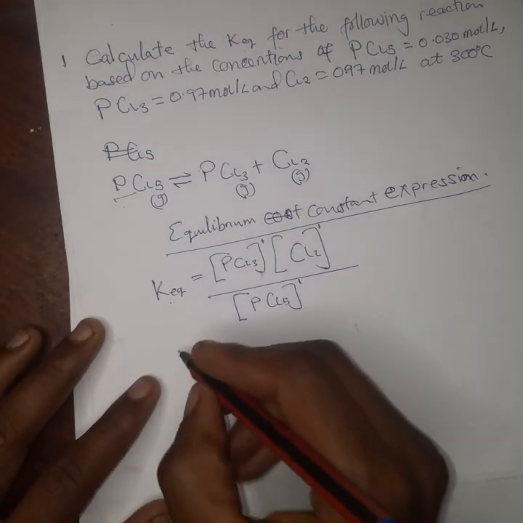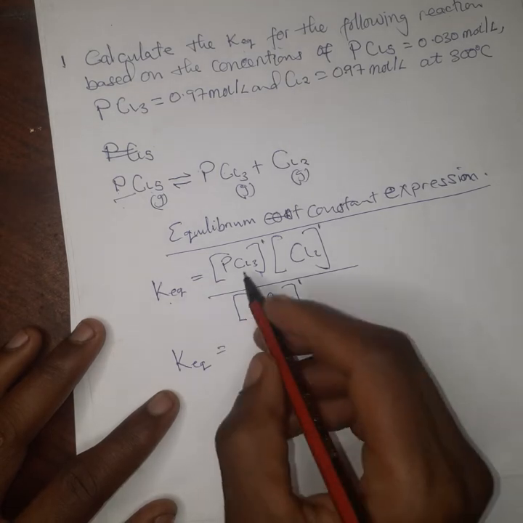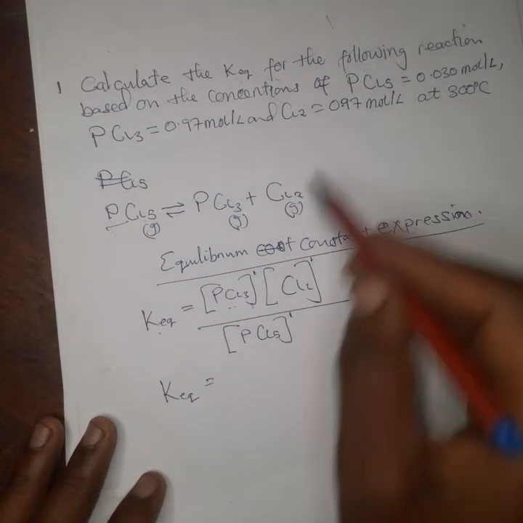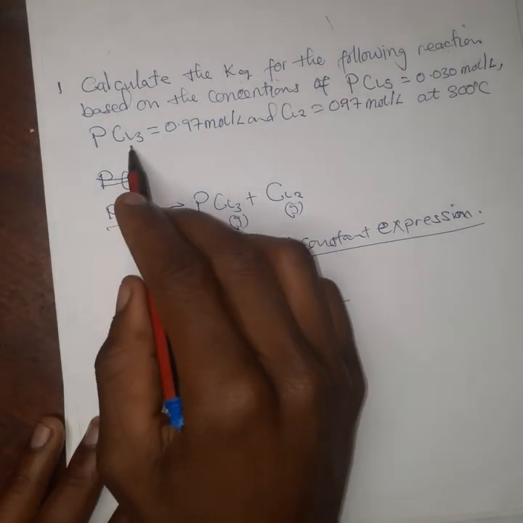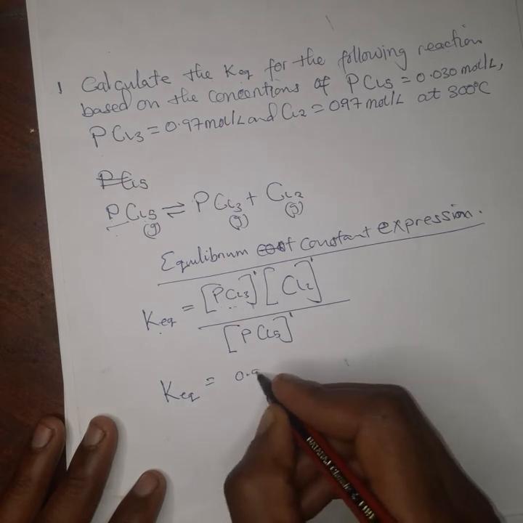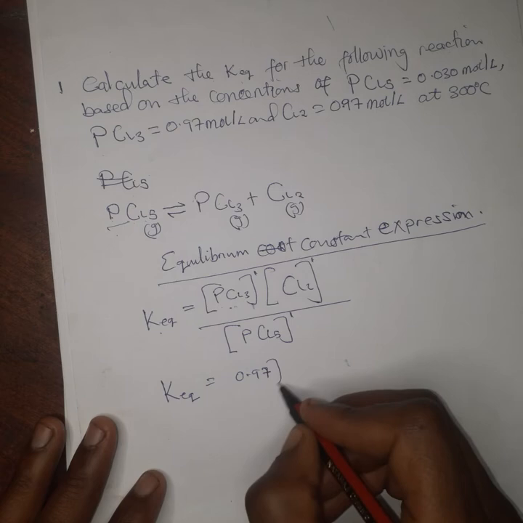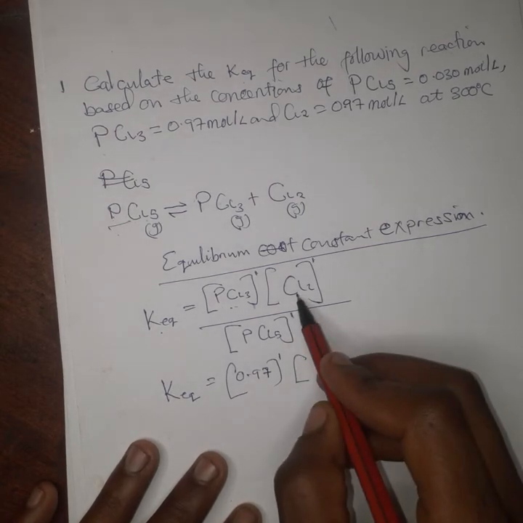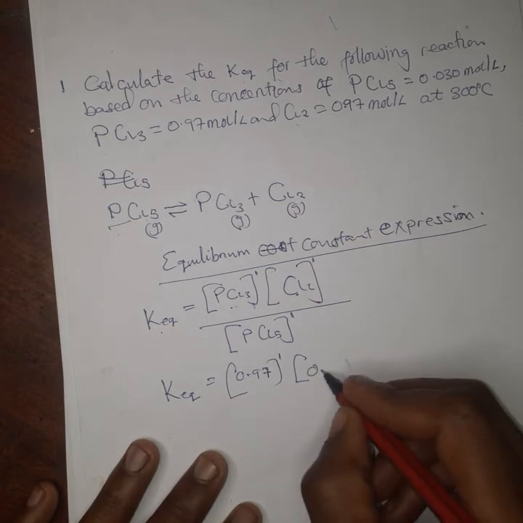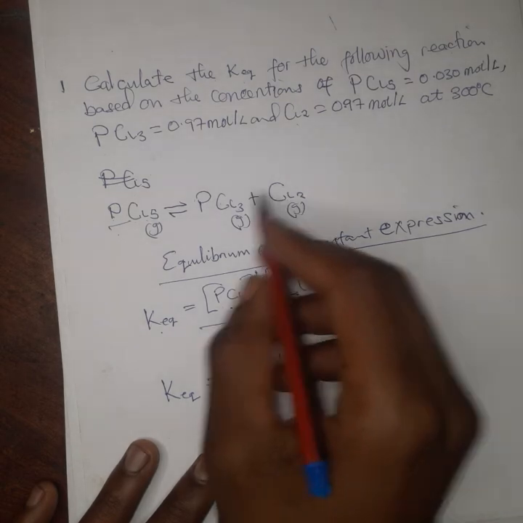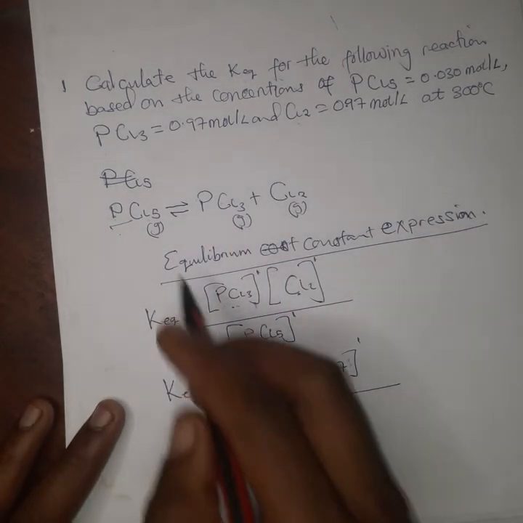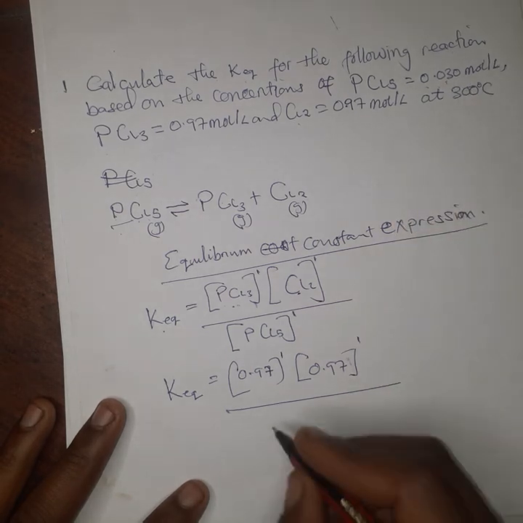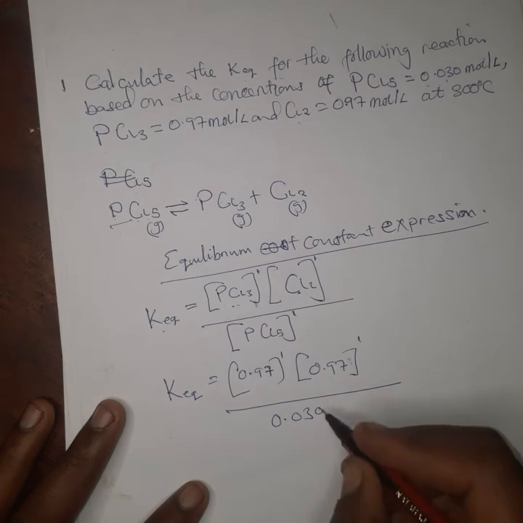So the equilibrium constant is equal to the concentration of PCl3, going back to the question, which is 0.97, to the power 1, then the concentration of chlorine, which is 0.97, to the power 1 as well because of the coefficient, over the concentration of PCl5, which is 0.030, also to the power 1.